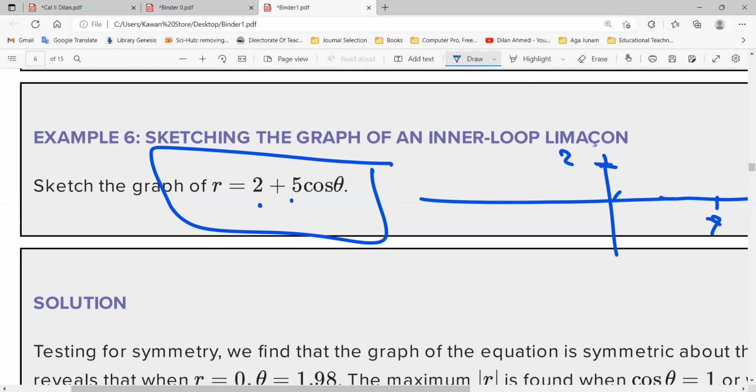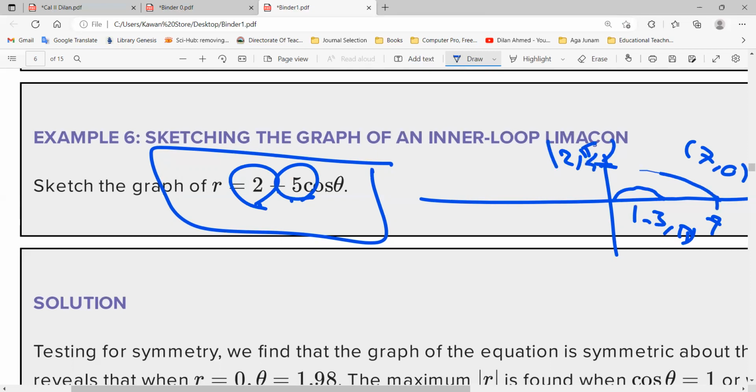How about here? 3. All right. A minus B, 5 minus 2, 3. So maybe 3, maybe it's minus 3, we don't know. So minus 3 and pi, 0 and 7, right? 2 and pi over 2. Yes. So now I have the shape like that.